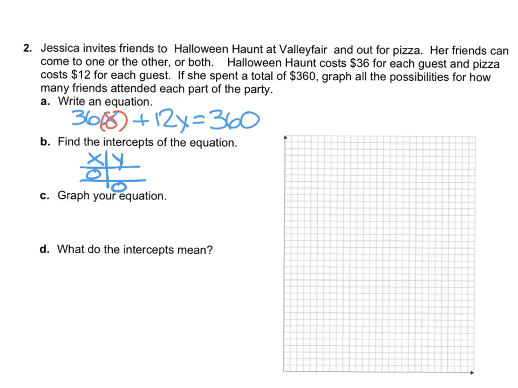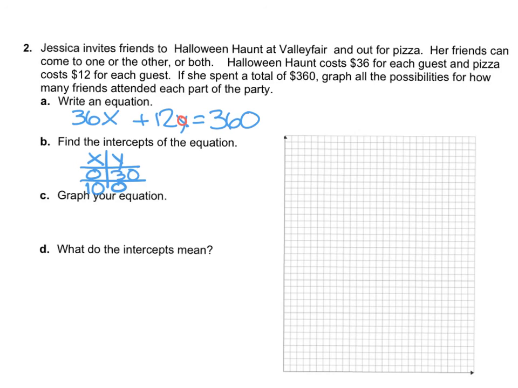So if everybody just got the pizza, there would be 30 getting the pizza. All right, so then let's say that everybody ends up going to the Halloween haunt. So I'd be plugging in 0 for y, and then I'd be taking 360 divided by 36, and that would give me 10.